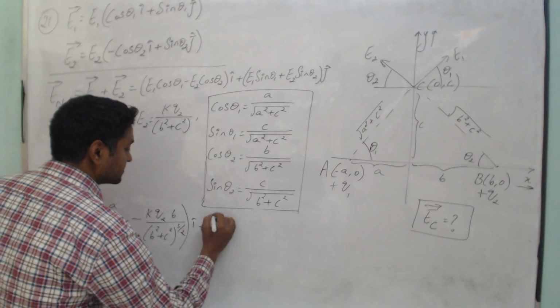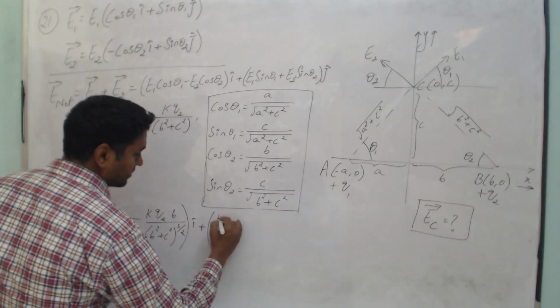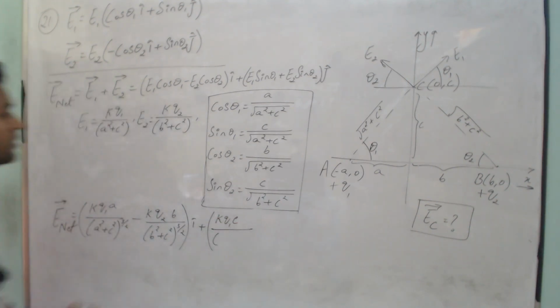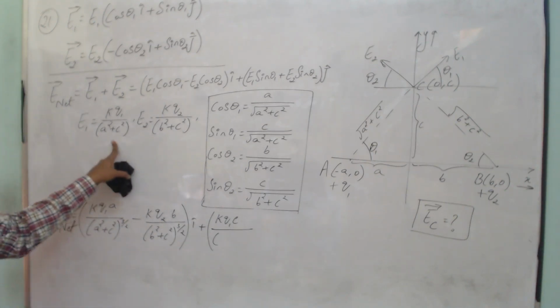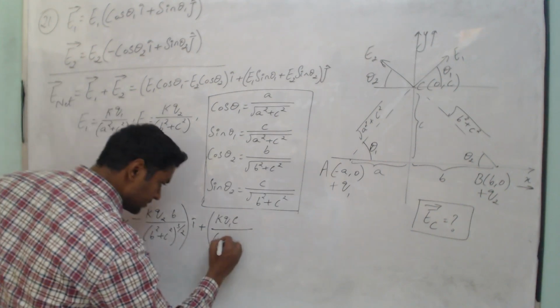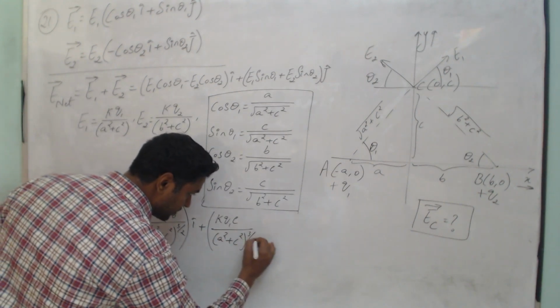Plus E1 sin theta 1, which is KQ1 C divided by A square plus C square whole to the power 3 by 2.